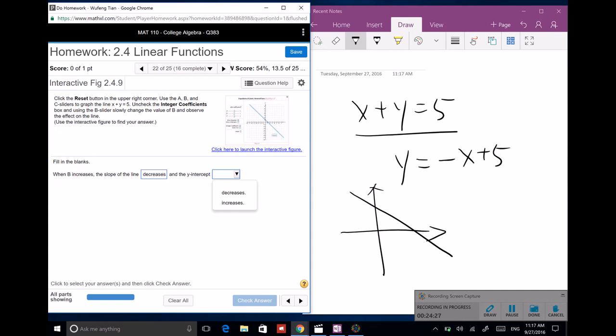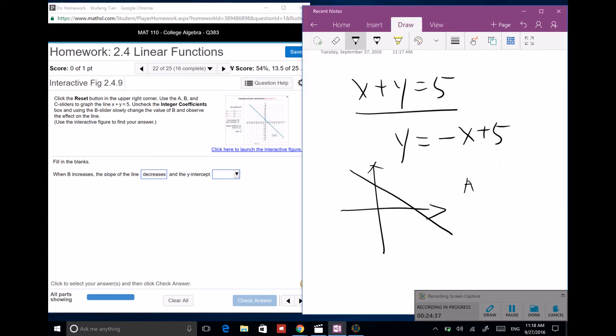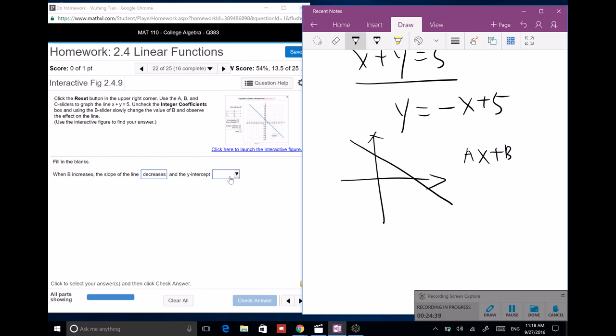let me say, uncheck the integer coefficient and change the value of B when B increases. It means the function I've already explained, ax plus by equals c, and then you have y equals negative a over b x plus c over b.